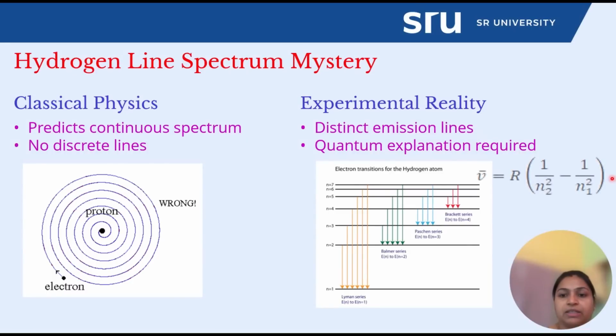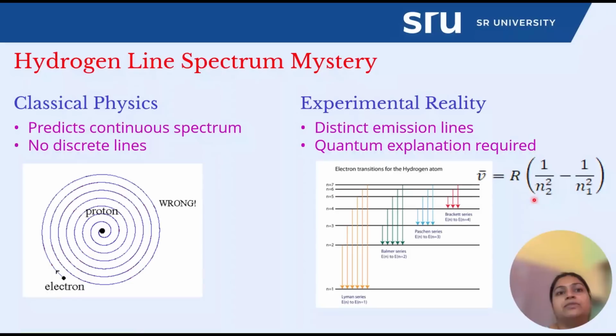So basically this is the Rydberg formula: wave number nu bar is equal to R, which is just a constant, times the bracket 1 by n2 squared minus 1 by n1 squared. Here n1 and n2 are different energy levels.